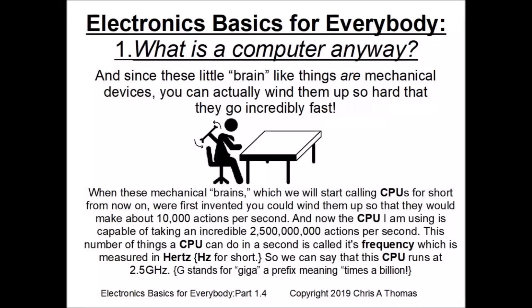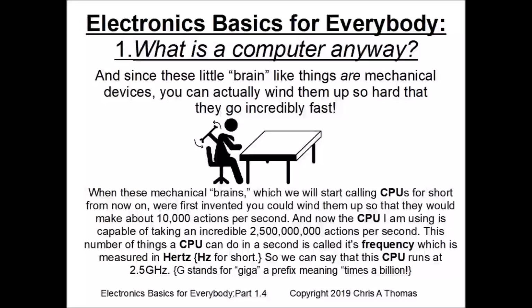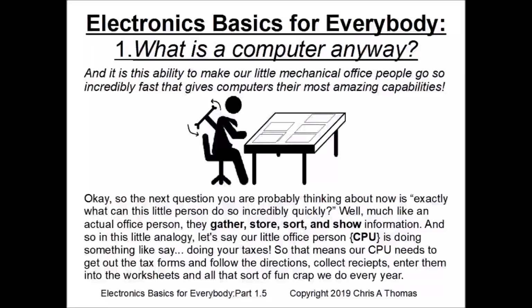And the CPU I'm using in this computer is capable of taking an incredible 2.5 billion actions per second. And this number of things a CPU can do in a second is called its frequency, or clock frequency, and it's usually measured in hertz, and nowadays it's gigahertz, for times a billion.